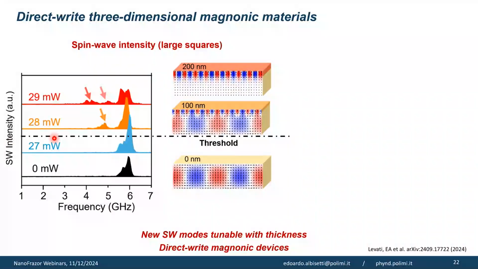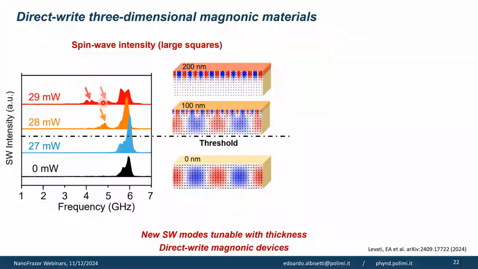And you see that below threshold, so below the appearance of those small stripes, pretty much nothing is happening. The modes are the ones of the pristine film. But then as you go above threshold, you have one peak when you have a thinner transformed layer. That is a new spin wave mode that propagates within the layer that we created.